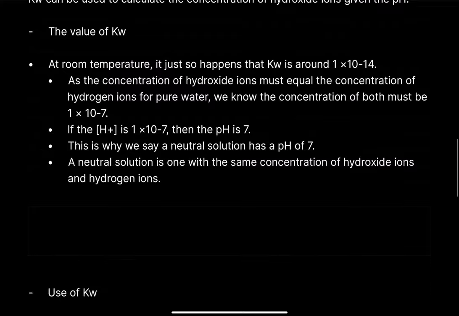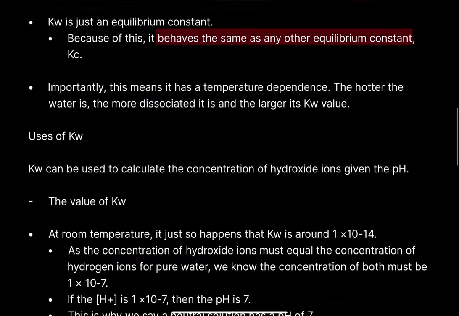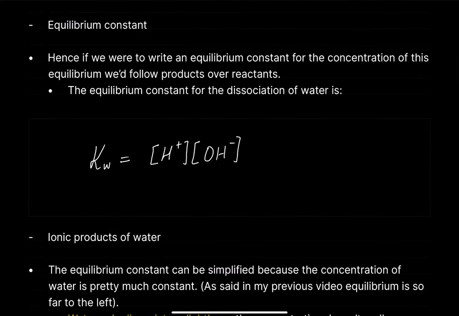The reason why it's 1 times 10 to the power of minus 14 is that if we look here, if this is 1 times 10 to the power of minus 7, and we're multiplying it by 1 times 10 to the power of minus 7, mathematically you can see that will equal 1 times 10 to the power of minus 14.